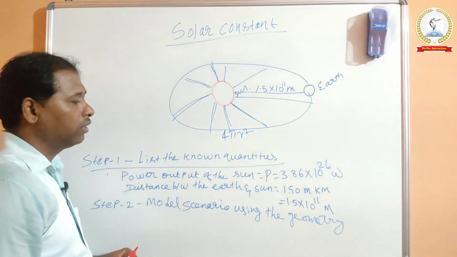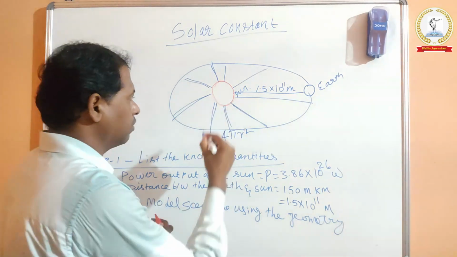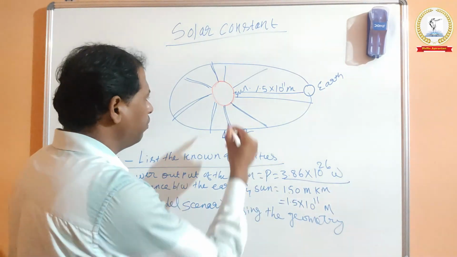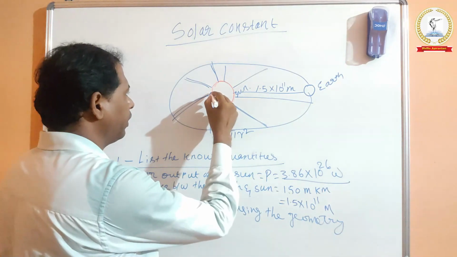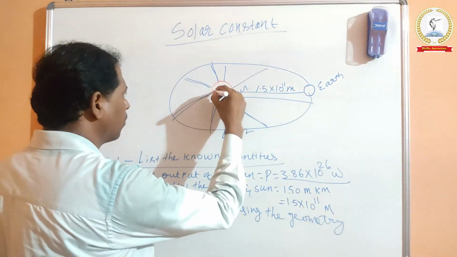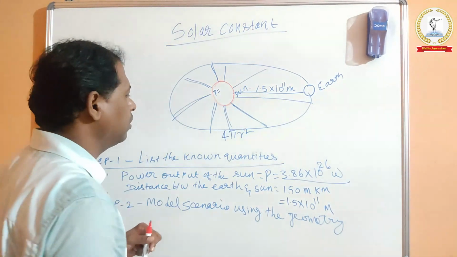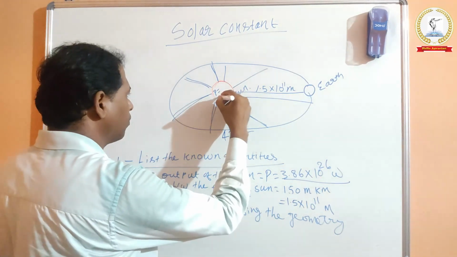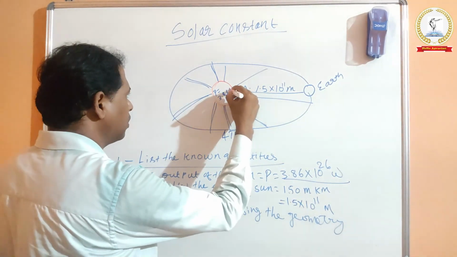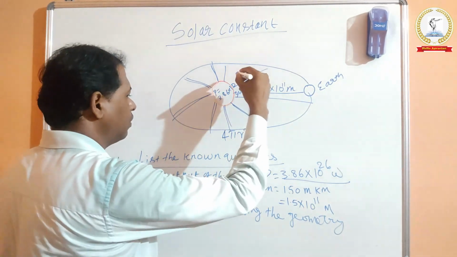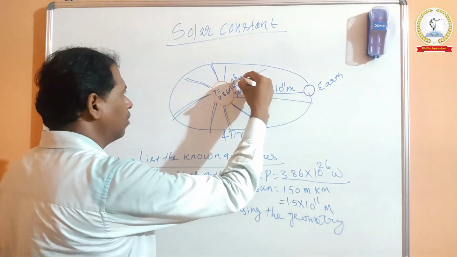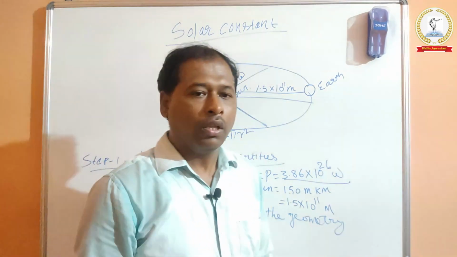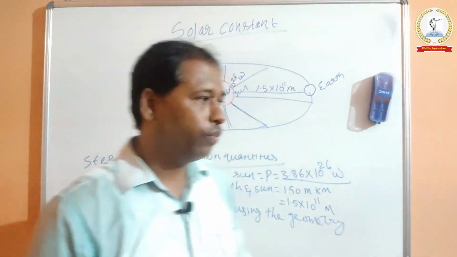The power of the sun is 3.86 into 10 to the power of 26 watts. Then we can write the equation.